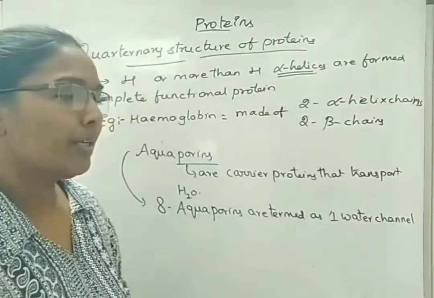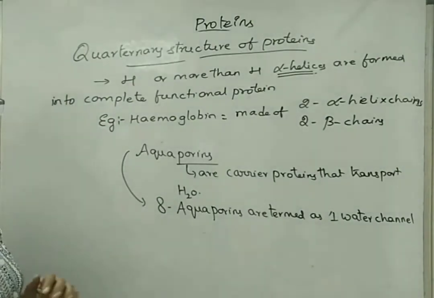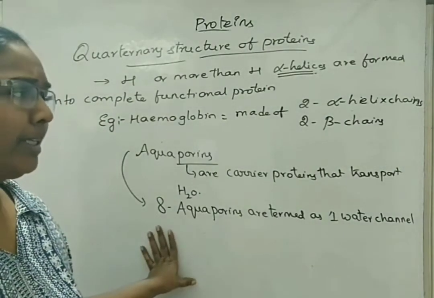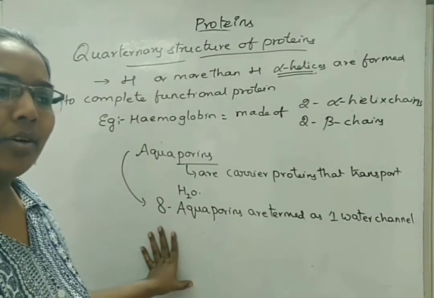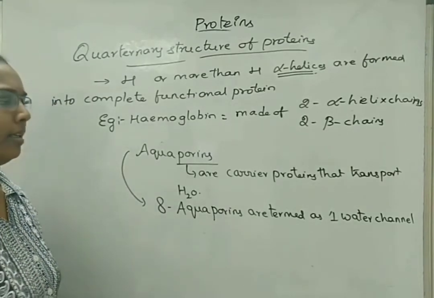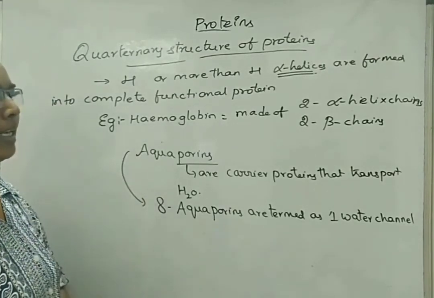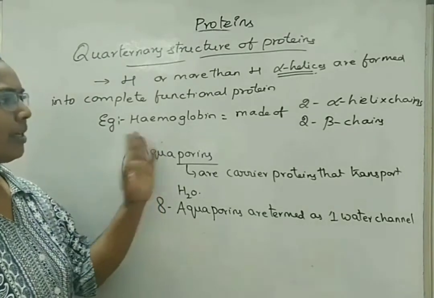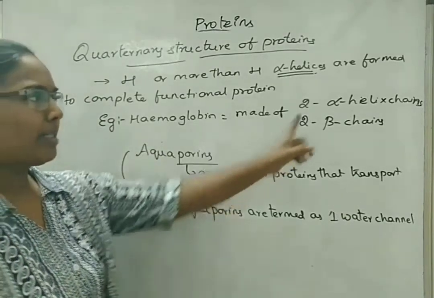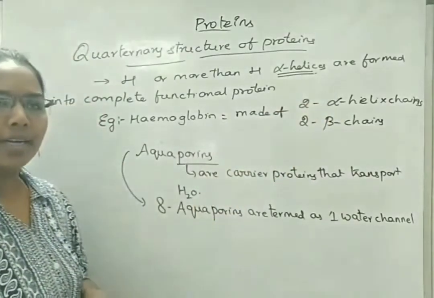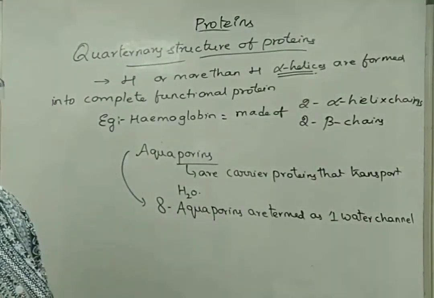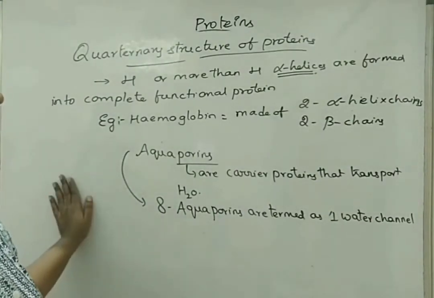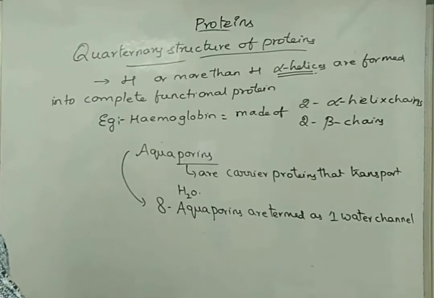Last is the quaternary structure of the protein, which is responsible for complete molecule formation, just like aquaporins and hemoglobin. Their structure depends upon the subunits, like the number of alpha helices and their arrangement. So this is about protein structure.